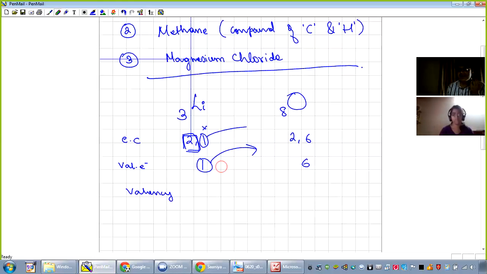Got it? But oxygen will not be full. You'll have to work it out. How much is the valency? You will have to work out what is the valency. Accordingly, then you will have to decide how many atoms are going to get the formula first.